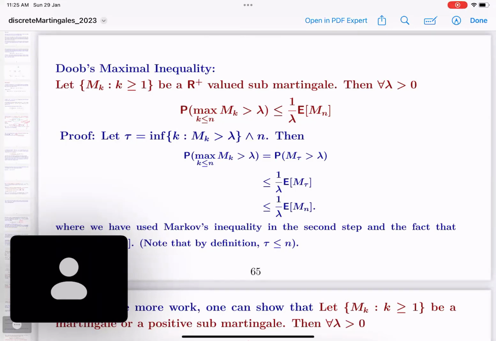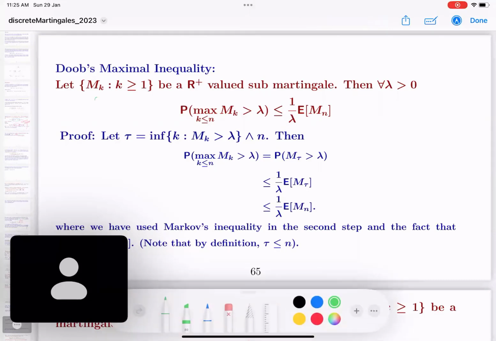Suppose m_k is a submartingale and lambda is positive, then the probability that the maximum of m_k is bigger than lambda, maximum taken over k less than or equal to n, is less than or equal to 1 by lambda times expected m_n. Very interesting here that the right hand side is as in the Chebyshev inequality for the probability that m_n is bigger than lambda.